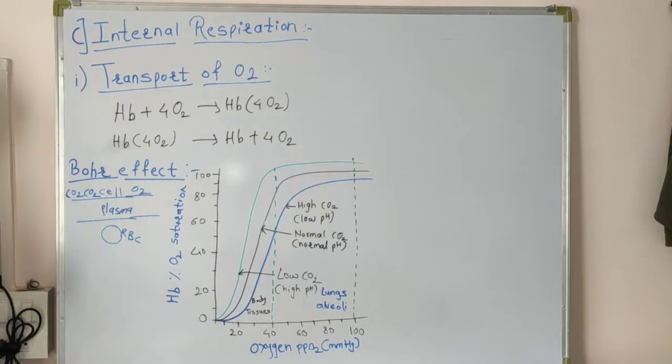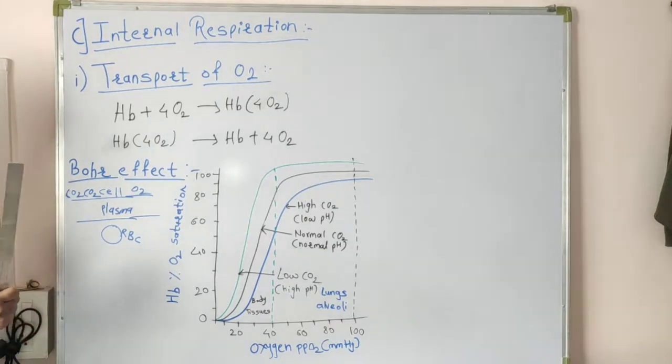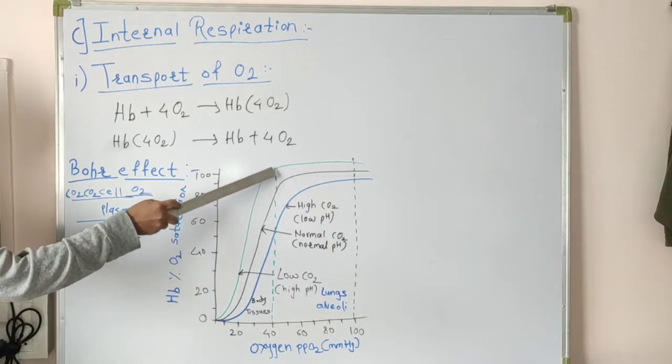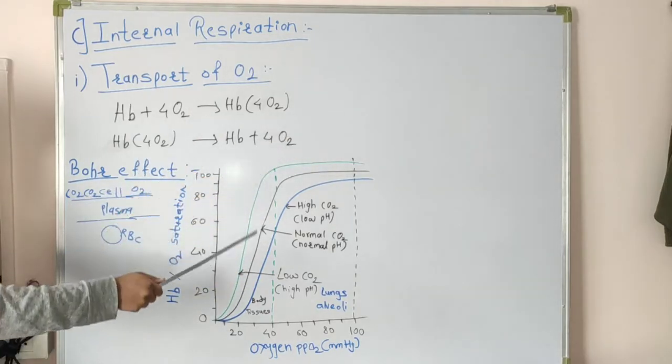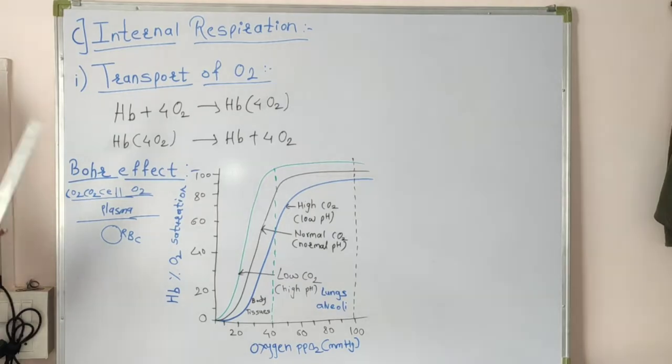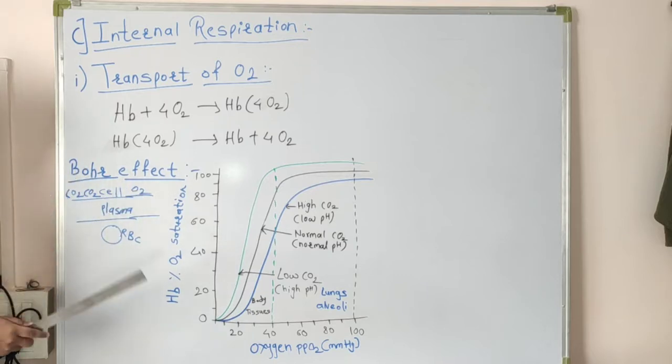Now in the Bohr effect, it shows that when the level of oxyhemoglobin increases, at the same time the level of CO2 decreases. That means the partial pressure of CO2 decreases.